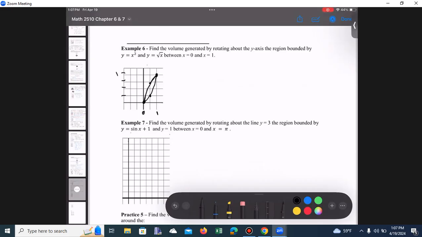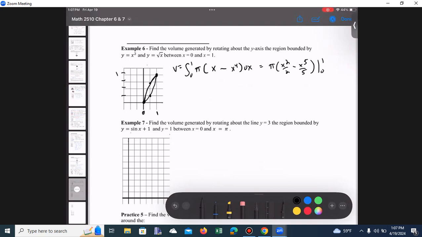The biggest thing is realizing which one's the outer one. So the volume now will equal, from 0 to 1, pi times the outer radius, which is square root of x. When you square that, you get just x. Minus the inner radius, which is x squared. When you square that, you get x to the 4th dx. So we'll integrate this. You get pi times x squared over 2 minus x to the 5th over 5, integrated from 0 to 1.